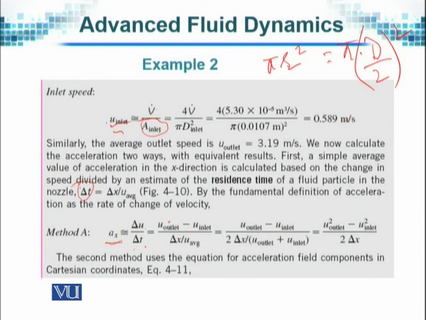That will be equal to u outlet minus u inlet divided by delta t, which is delta x by u average. If we work it out, it turns out to be u outlet square minus u inlet square divided by 2 times delta x. In Cartesian coordinates, the acceleration in x direction turns out to be this one.